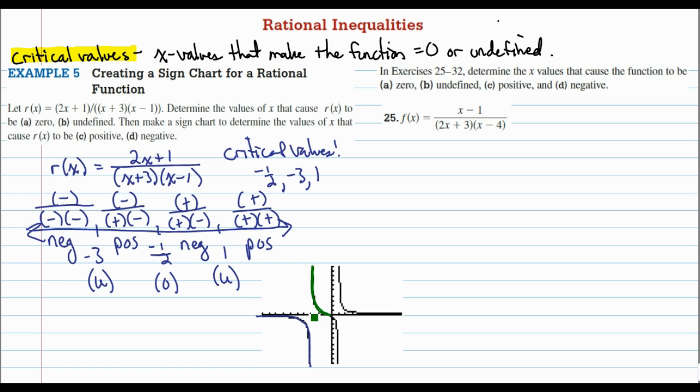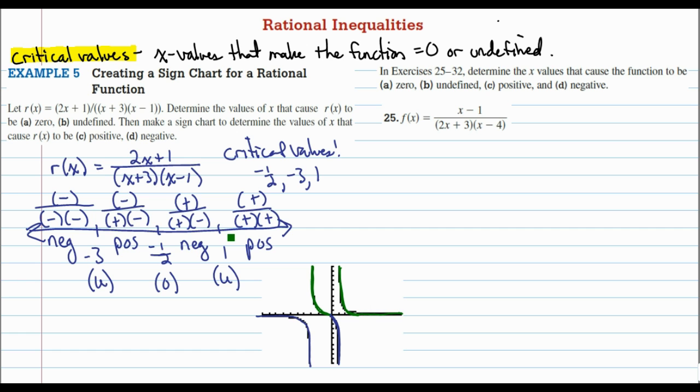See how at this undefined, this vertical asymptote of negative 3, the values switched from negative to positive? Vertical asymptotes give a rational function an opportunity to do that. Now between negative 1/2 and positive 1, those x values will produce positive y values. Again, we hit another asymptote, which gives the function an opportunity to switch to positive values, which it does. We have positive y values produced by any x value greater than 1.